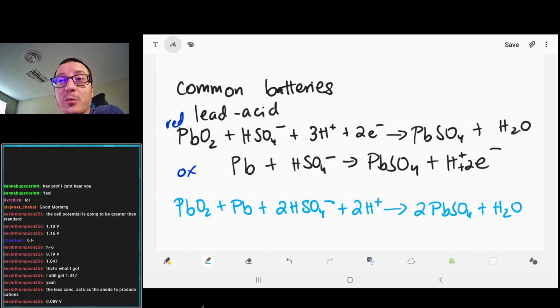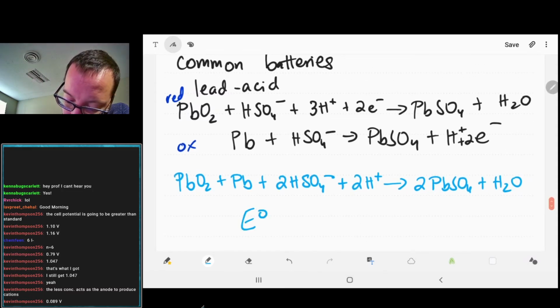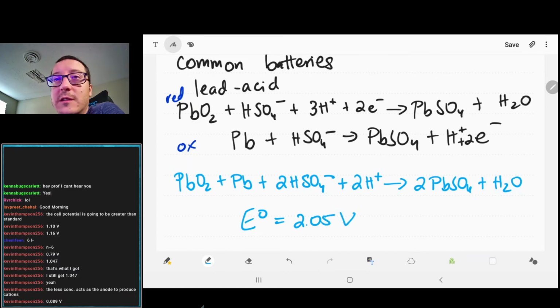So we can recharge this battery in this manner. The potential for this, if you were to calculate it, is 2.05 volts, which may not seem like a lot, but that's the standard potential, right? We can mess with this by throwing in more concentration and all that sort of fun stuff as we go through it.